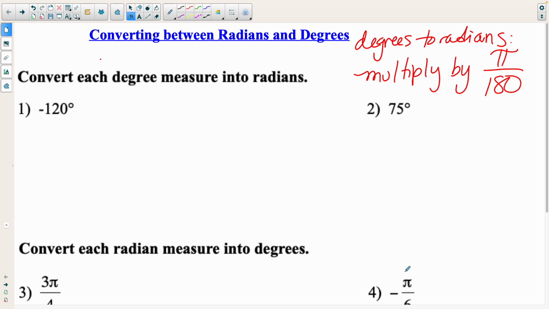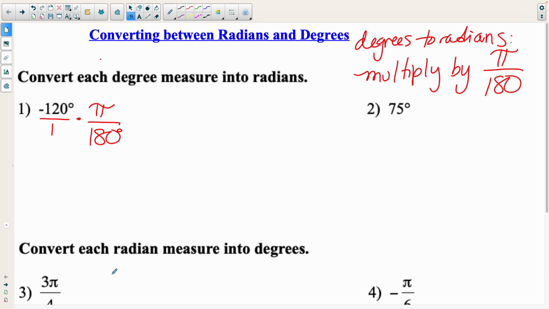So that will bring pi into our calculation, so that way we have an answer that's in terms of pi. So the way we do that, just put the degree measure over 1. We multiply by pi over 180 degrees.